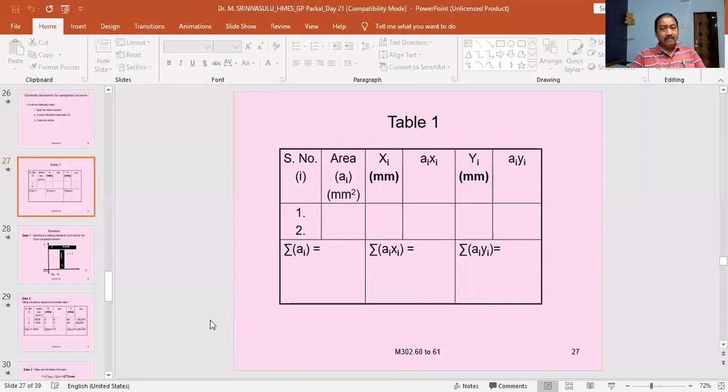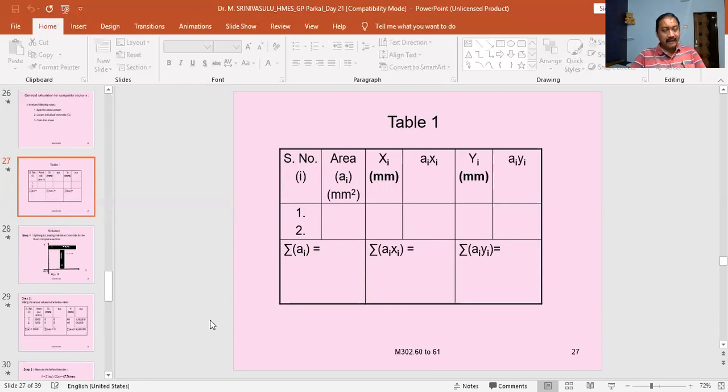The fourth column is the term Ai multiplied by xi, and the fifth column is the y coordinate, that is yi from the reference axis. The sixth column is Ai multiplied by yi, and here we can obtain the total area, that is sigma Ai.